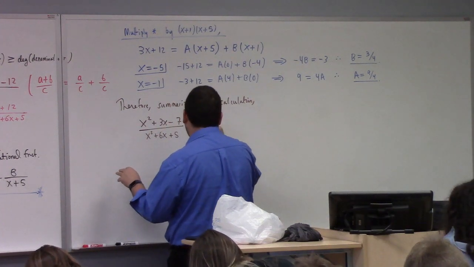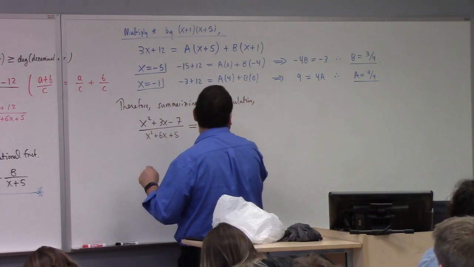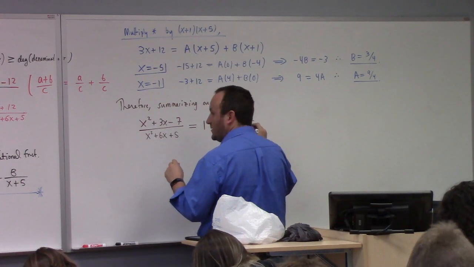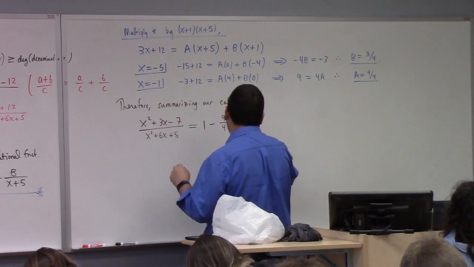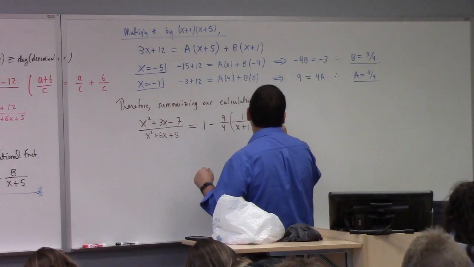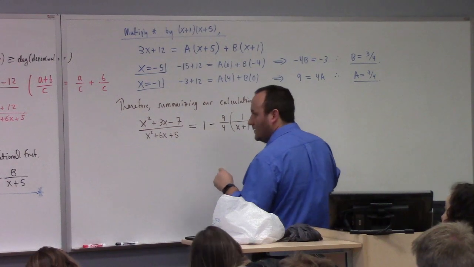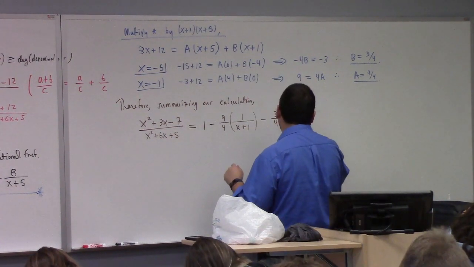It's equal to 1 minus 9/4 times 1 over (x plus 1), minus 3/4 times 1 over (x plus 5).